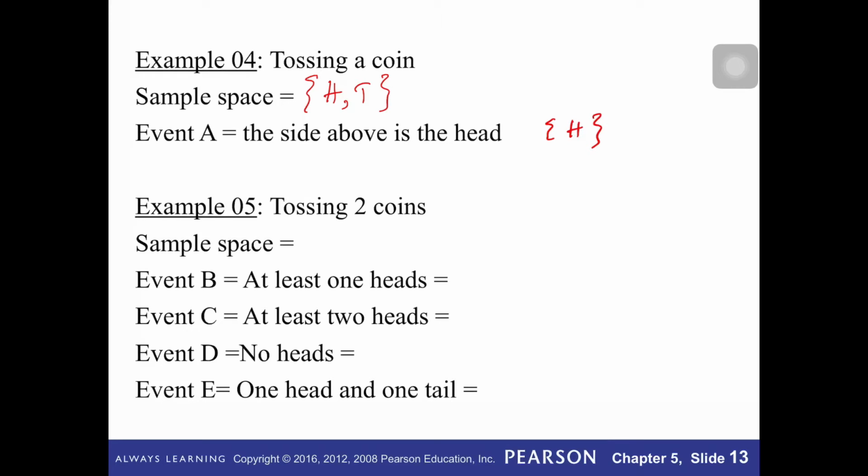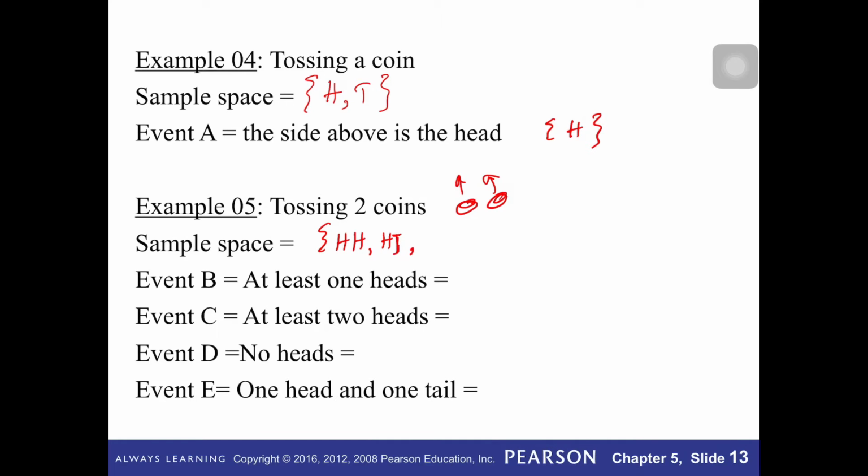The next example, tossing two coins. Now we have to flip two coins. What is the sample space? First I can get head, second I can get head as well. First head, second tail.